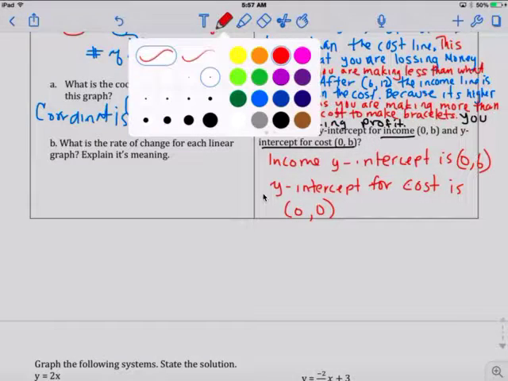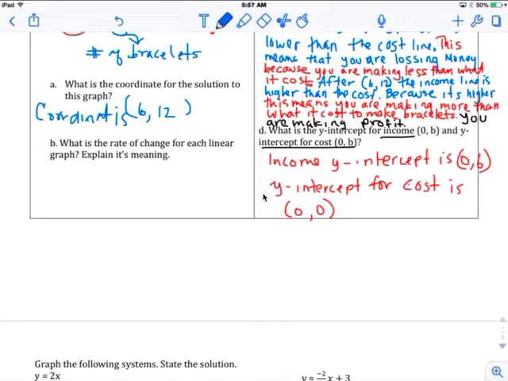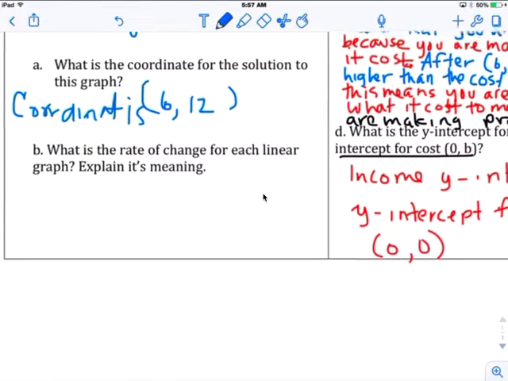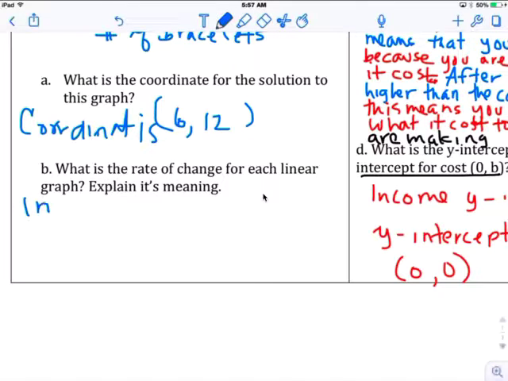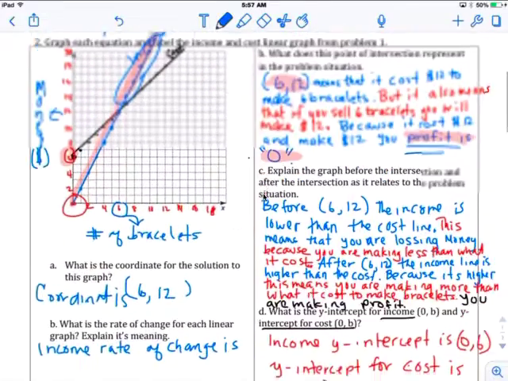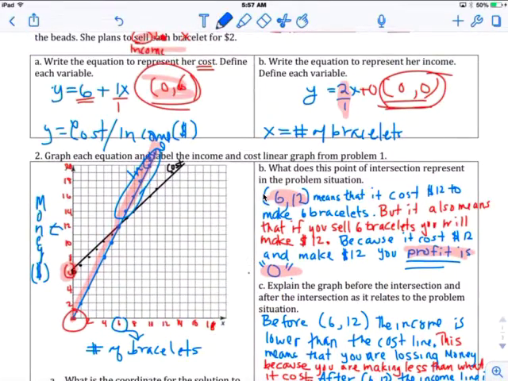Oh, I forgot B. What is the rate of change for each linear graph? Explain its meaning, okay? Income's rate of change, what you sell it for, is 2 over 1.